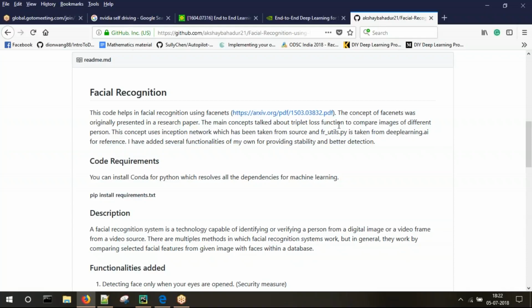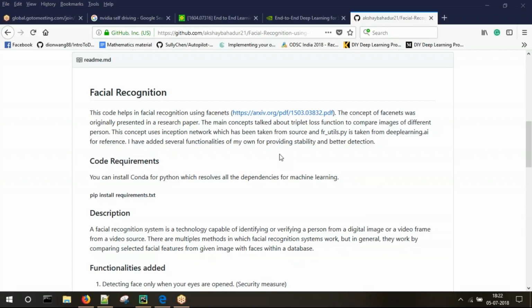I have modified it and added some functionalities to make sure that it works with your webcam. In the deeplearning.ai exercise, they only have static images, and I have only improved that algorithm a bit. Not exactly the algorithm, because the algorithm remains the same from the paper itself, but I added some functionality.